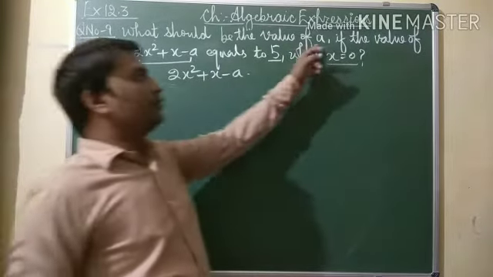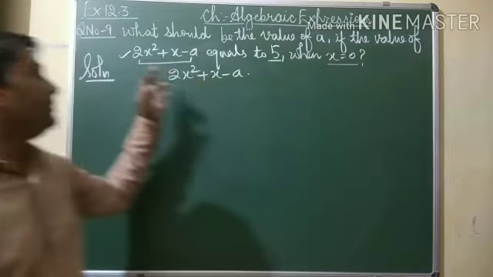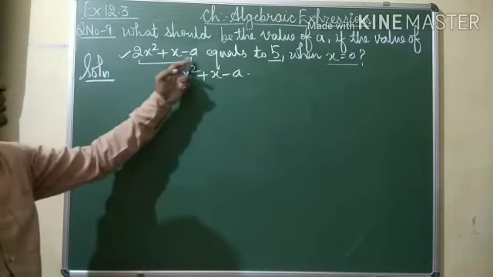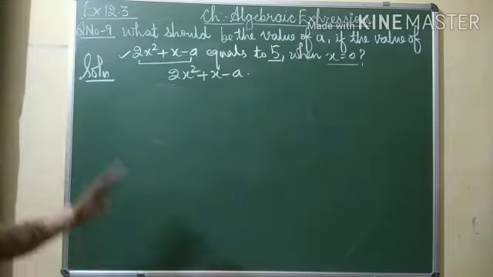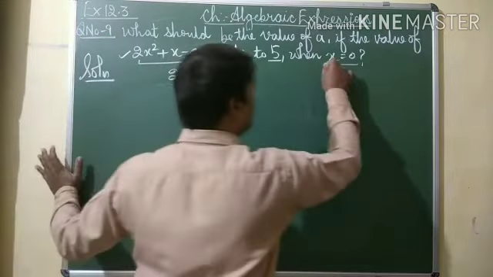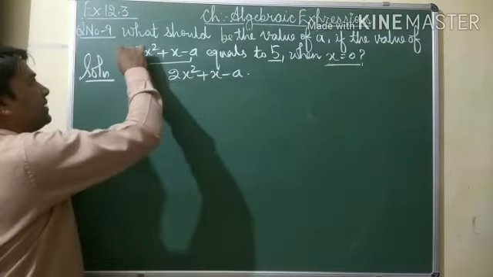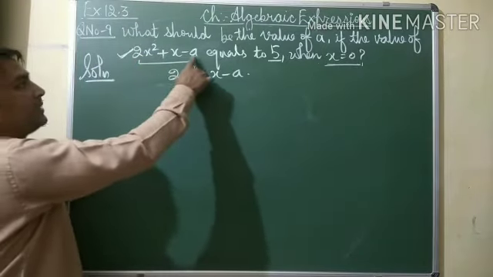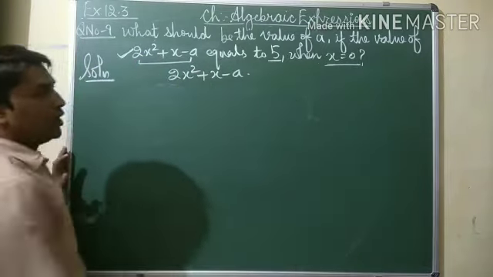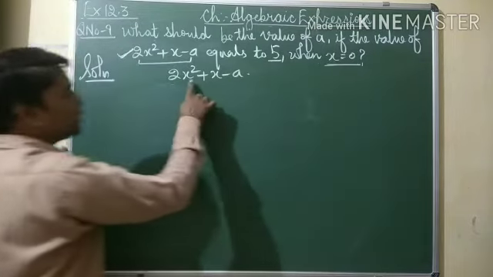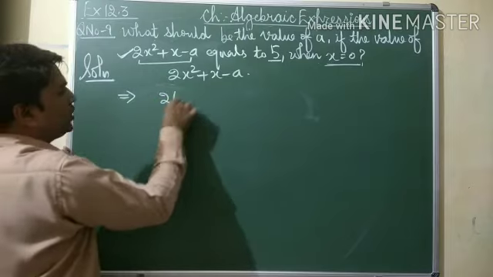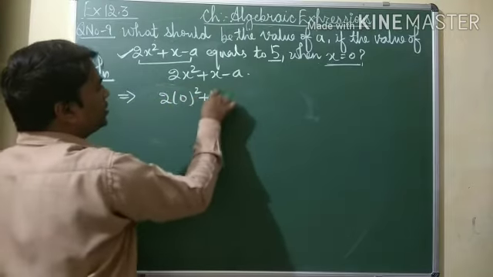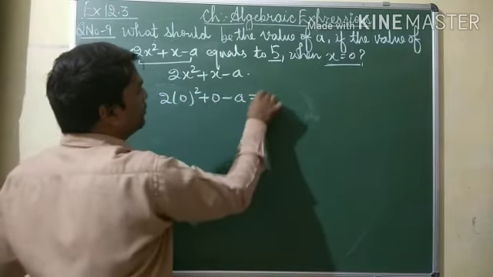Next is question number 9. What should be the value of a if the value of the algebraic expression 2x square plus x minus a equals to 5 when x is equal to 0? Since it is given that at x is equal to 0, value of algebraic expression, that is 2x square plus x minus a, is equal to 5. So putting the value of x is equal to 0 in this algebraic expression such that 2 into 0 square plus 0 minus a is equal to 5.